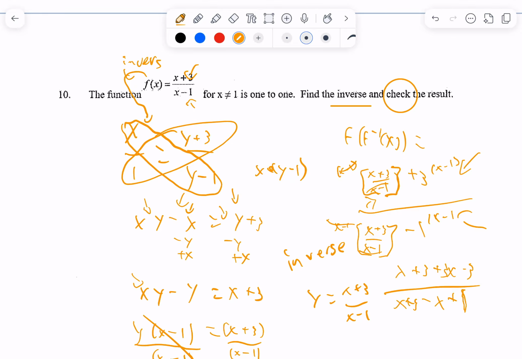And now we can basically start getting rid of things. So let's start with this x plus 3, we can get rid of because of there.